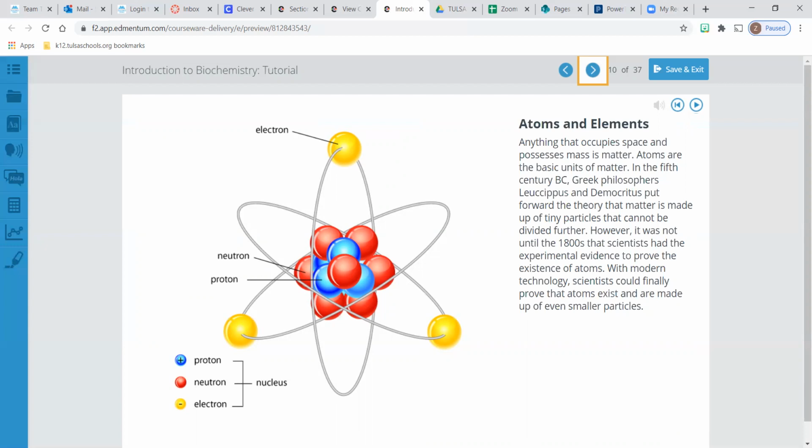We needed experiments to build our conclusions and to make a stronger argument for the existence of something. And with modern technology, we can prove that atoms exist and are made up of even smaller particles, subatomic particles. Sub because it's beneath the atomic. You understand how prefixes work.